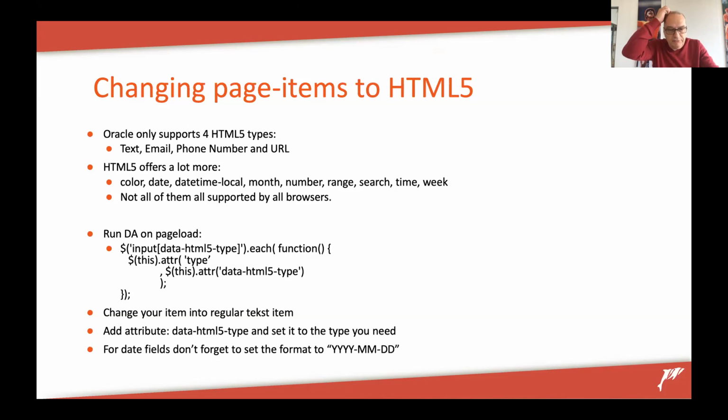And then for date fields, there is a quirk because the format of the date is specifically for the browser. So YYYYMMDD. Well, we should not forget that. But don't make it a date item. It's a text item and it still has the date format.